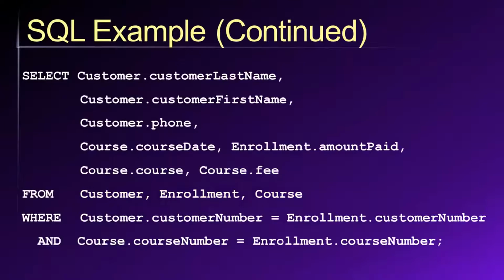We are then linking the related records in each table together using these matched pairs of values that I mentioned earlier. In the first case, we are linking the customer table to the enrollment table using matched pairs of customer numbers, and in the second case, we're linking the course table to the enrollment table using matched pairs of course numbers.